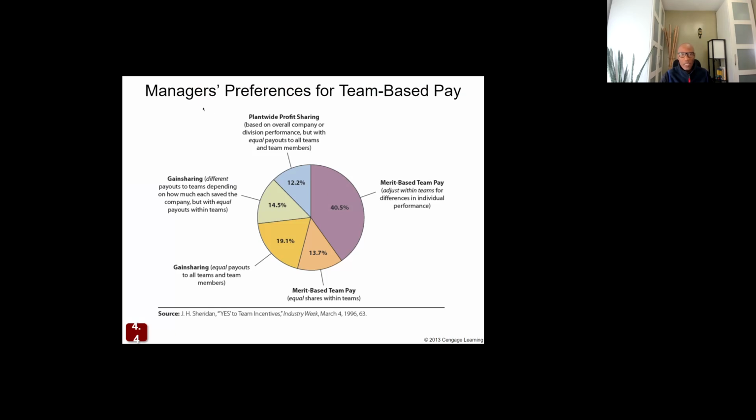So the idea is to look at what this looks like, and they have this chart, this pie chart, so to speak, that gives you some indication of what managers prefer, some preference.